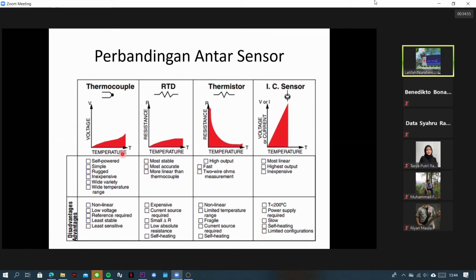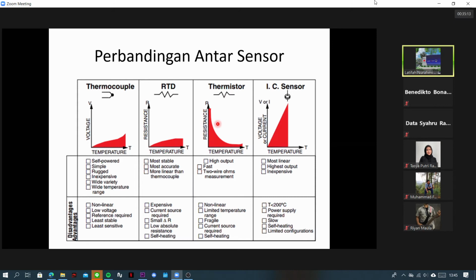And the comparison of thermal sensors, you can find it here, using thermocouple, RTD, thermistor. I don't give you thermistor in more detail.